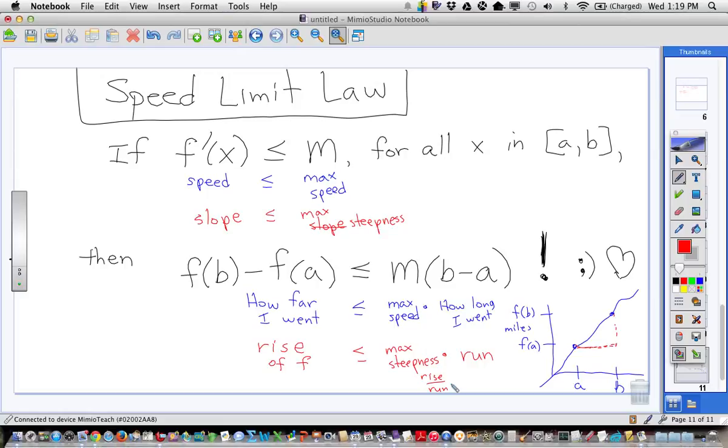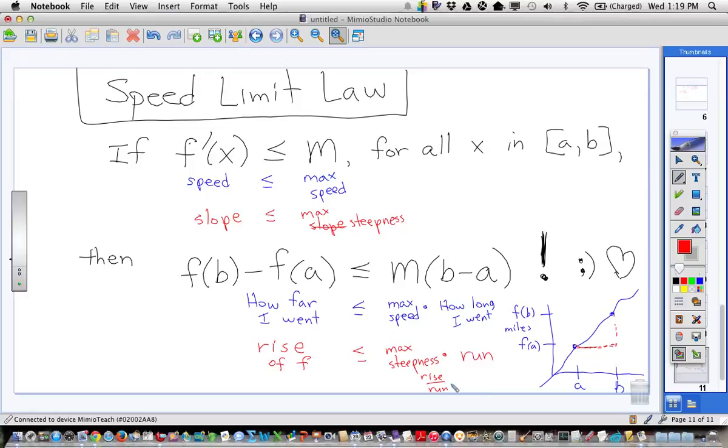So what this is saying is that if you have a graph where you know the steepest it ever is is 3. Remember we said we went for 3 hours? So let's say the steepest the graph ever is 3, and we go over on that graph 5.